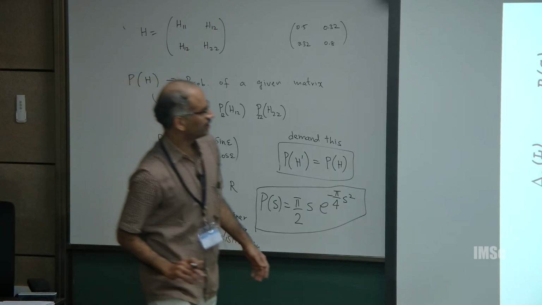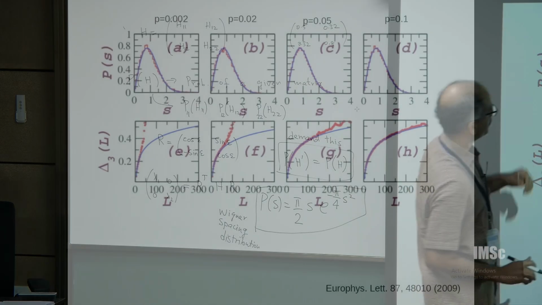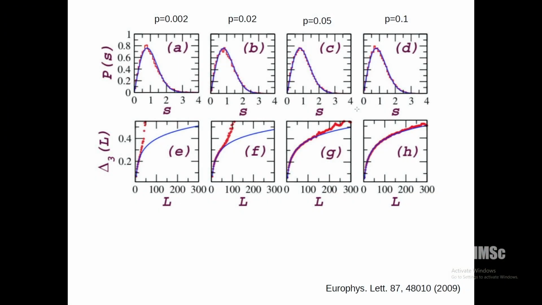Yeah, in fact, here are some more graphs of similar type. Again, this is for when you go from a regular to a small world network, where you change the probability of rewiring. You still see that generally the spacing distribution is a good approximation to a GOE Wigner distribution.